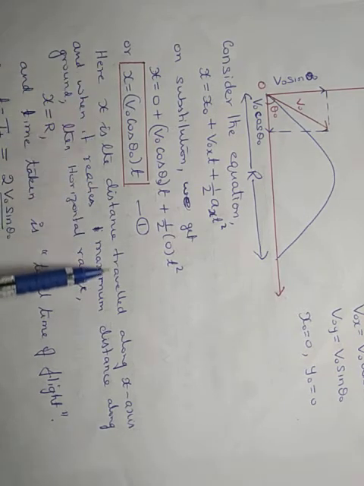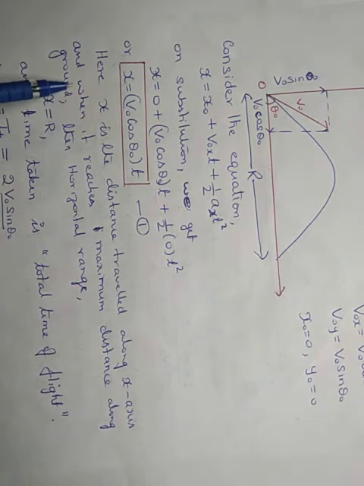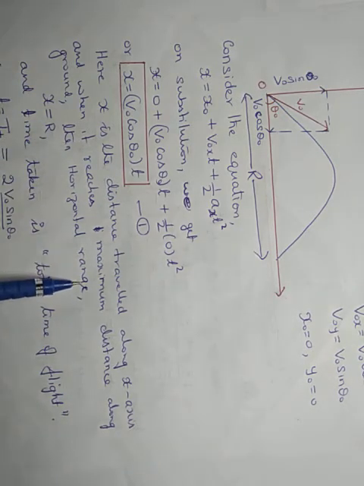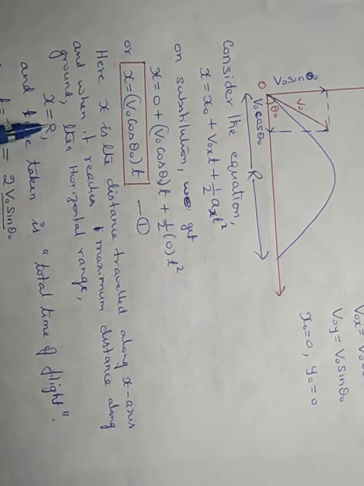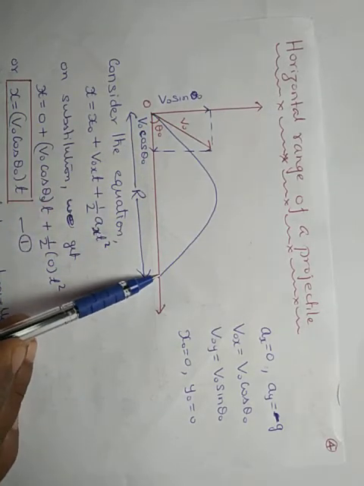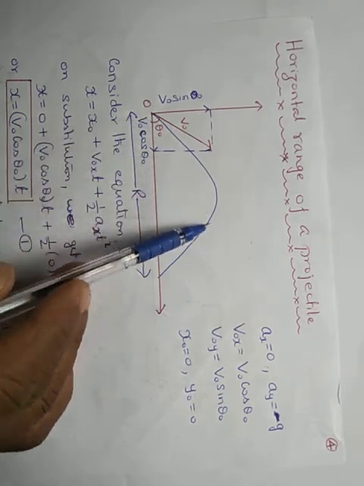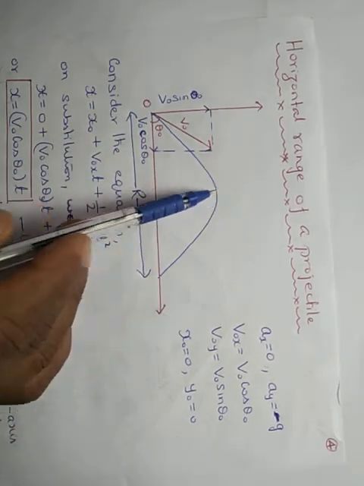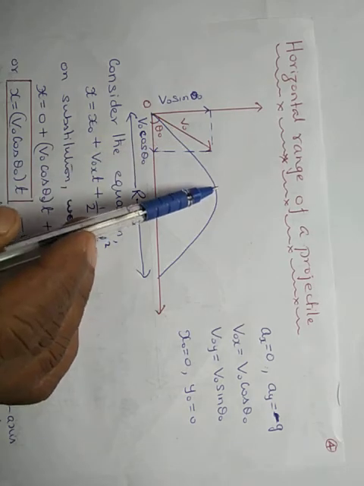Since here x is the distance travelled along the x-axis, and when it reaches the maximum distance along the ground, that is the horizontal range, instead of x we can write it as R. And what is the time taken to reach the same height? That is the total time of flight. In the previous case we have derived that maximum height means half of the time.